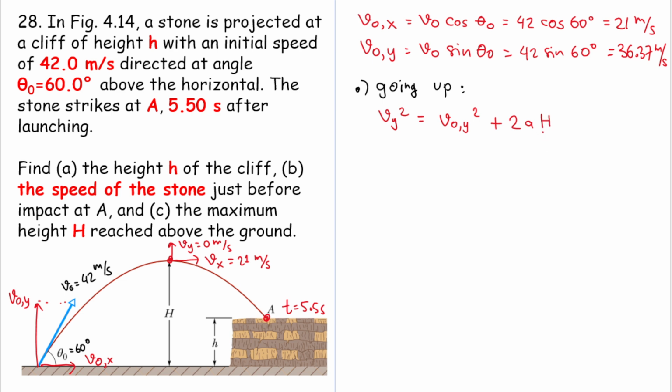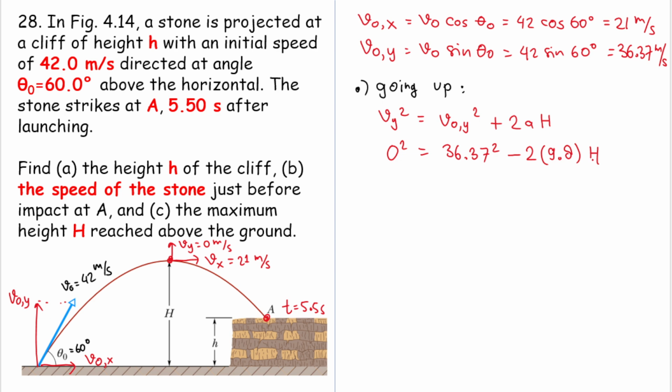Let's plug this in. The velocity at the maximum height is 0, so we have 0 squared equals 36.37 squared, the initial vertical velocity, and then the only acceleration in this system, which is gravity. But it's slowing down the projectile, so I will have a negative. So minus 2 times 9.8, and we have this H here.